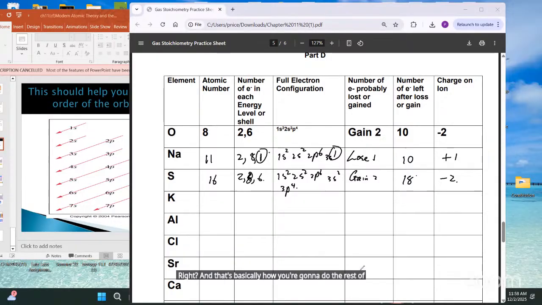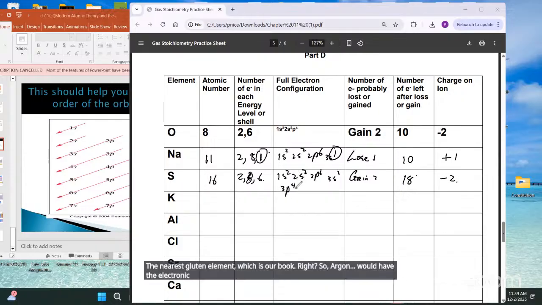Right? And that's basically how you're going to do the rest of that table. So I'm going to leave that for you to complete. Why did you say it would gain 2? Because it will gain 2 in order to get the same electron configuration as the nearest group 8 element, which is argon. Argon will have the electronic configuration where the 3p sublevel will have 6 electrons. So it's going to gain 2.